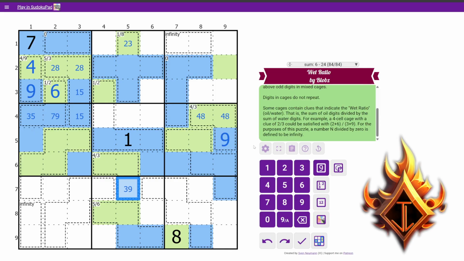It is 3 or 9. Can't be 6 because it's odd. Okay, so 3 would be 4 here. That's not going to work again, because it would need another 3. So that must be 9. Now this will be another 12, which is 8, 4 again. So 8, 4 is going to go here.